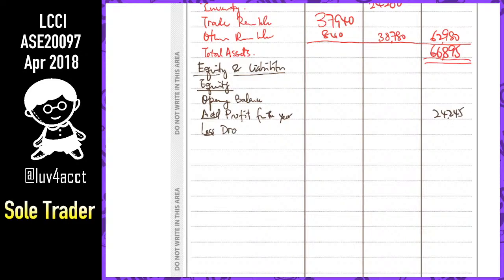Next, drawings, closing. Opening balance 29530, drawings 21850.